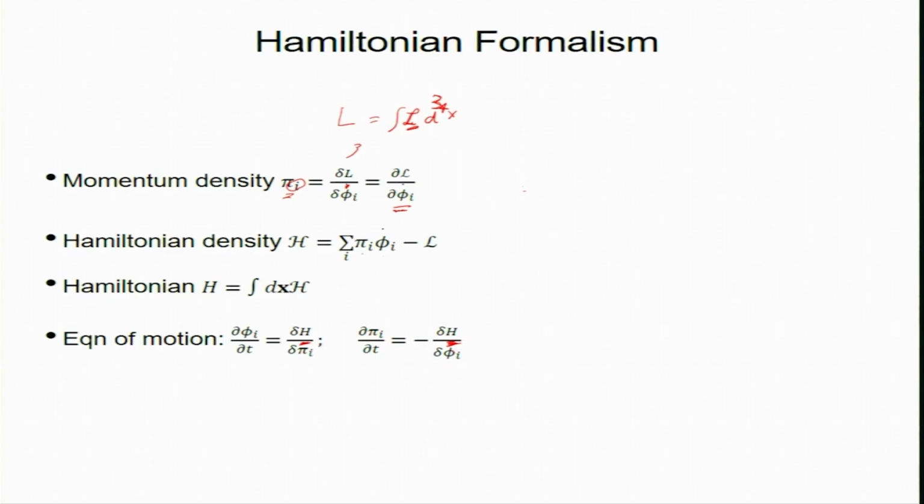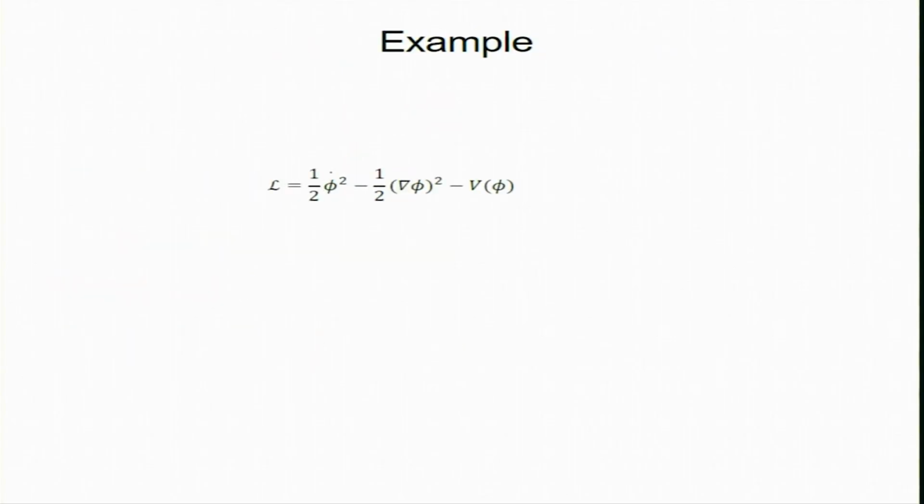Okay, I think I have an example. For this I am going to write down the Hamiltonian. Now, this is the Lagrangian. The Lagrangian is a function of phi dot, but the Hamiltonian is a function of phi and pi.